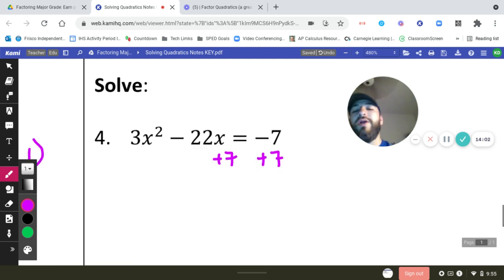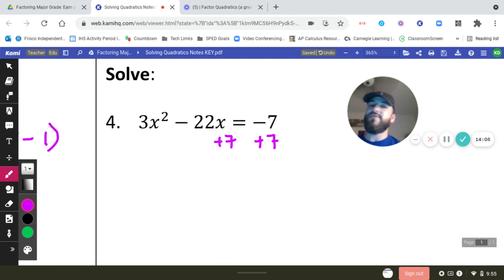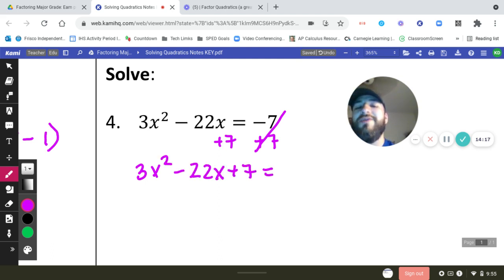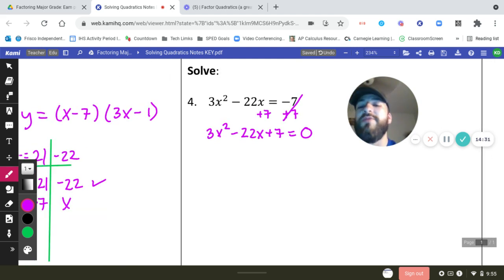I know it looks like I'm adding it to 22x, but 7 and 22x are not the same kind of term, so I'm not going to add them together. It cancels out on the left and gives us 3x squared minus 22x plus 7 equal to 0, because negative 7 plus 7 is 0. Now from here, this looks like what we factored, so we can go straight to our factored form of x minus 7 and 3x minus 1.